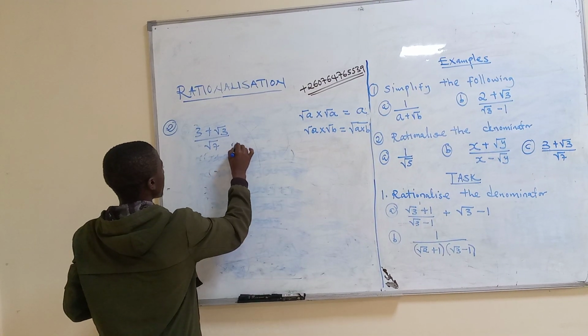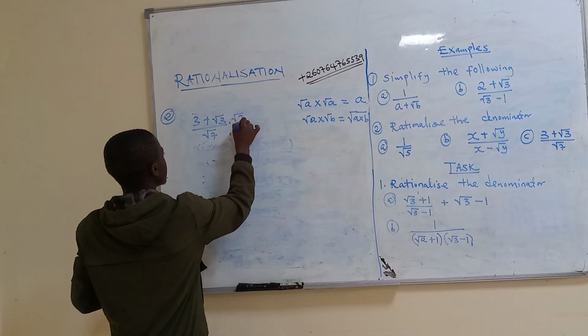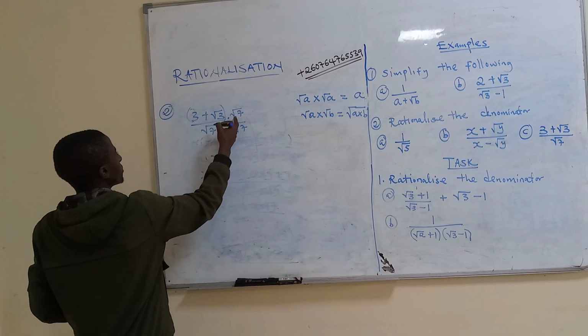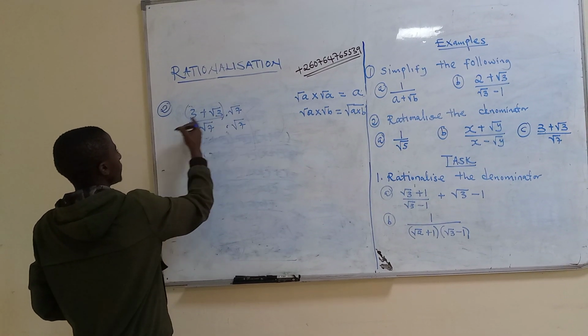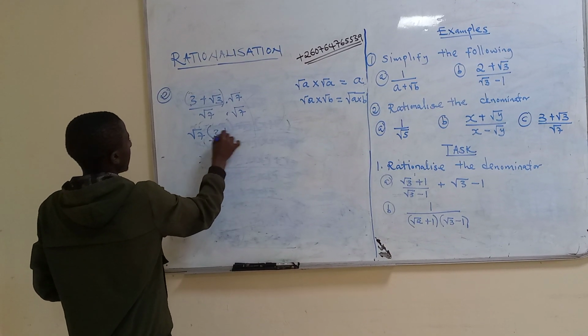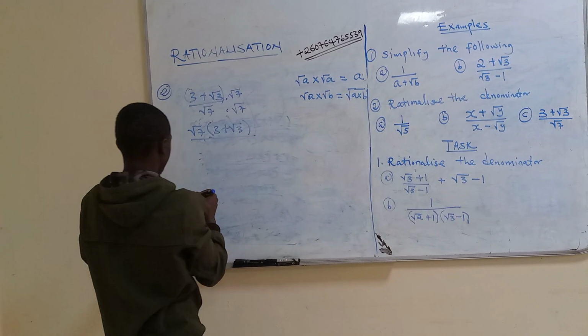So that is the square root of 7. We multiply with the numerator square root of 7. That simply means that you are multiplying this square root of 7 with the entire thing, that is square root of 7, 3 plus square root of 3 over.